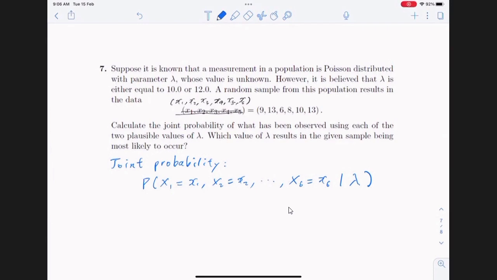In general, if these X are drawn from a random sample, then this joint probability can be computed by multiplying the individual probabilities together.